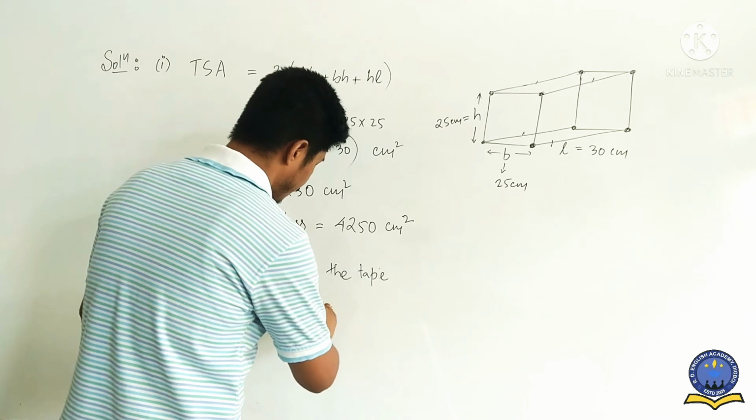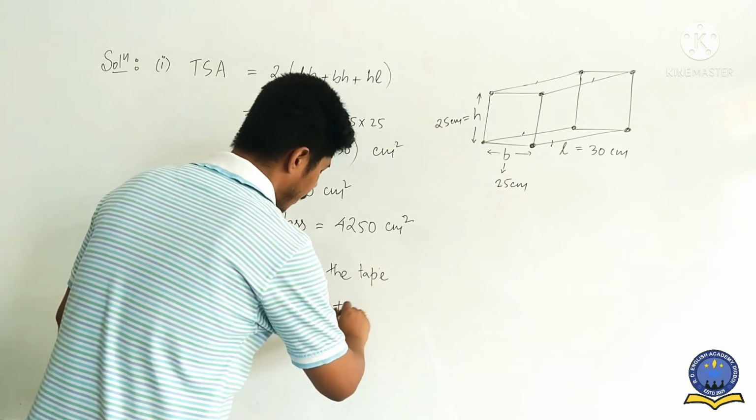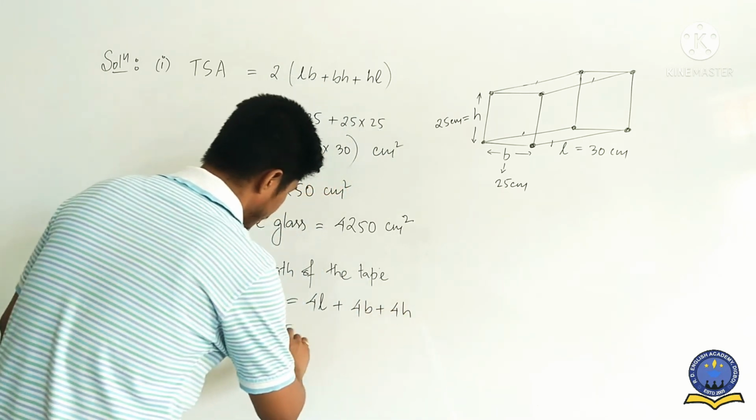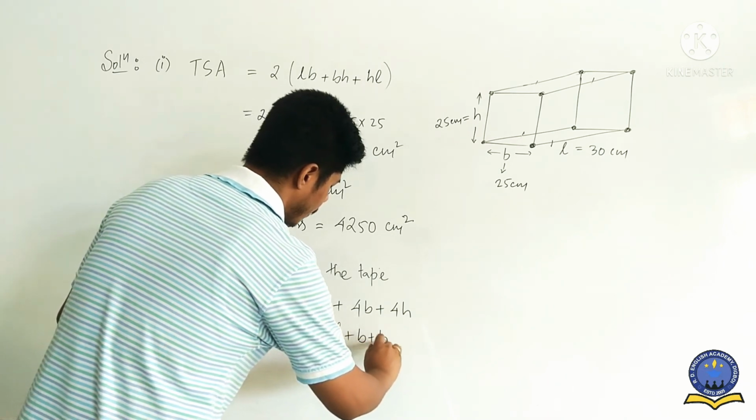This one we have to write: 4 times of length plus 4 times of breadth plus 4 times of height. Is it clear? If you take 4 common, then length, breadth, height.